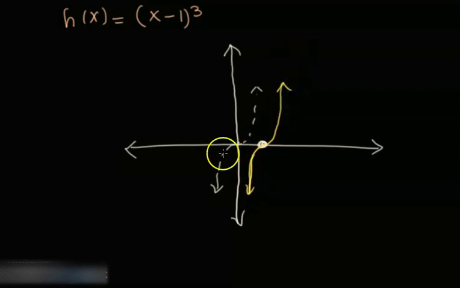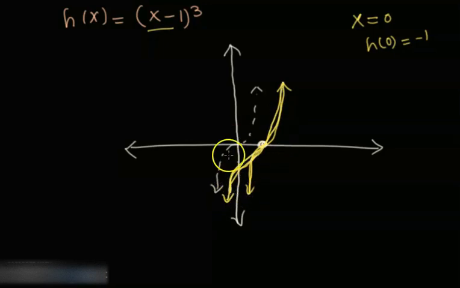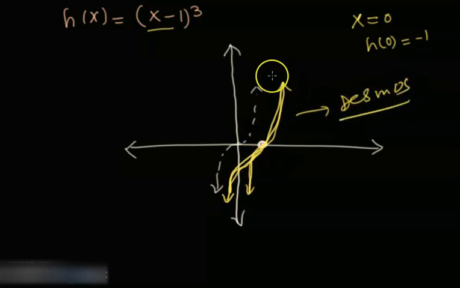If you see its y-intercept, at x equal to 0 the y-intercept is -1, so it should cross -1 here. So it should look something like this. We're going to see this on Desmos, and we will get a clearer idea.